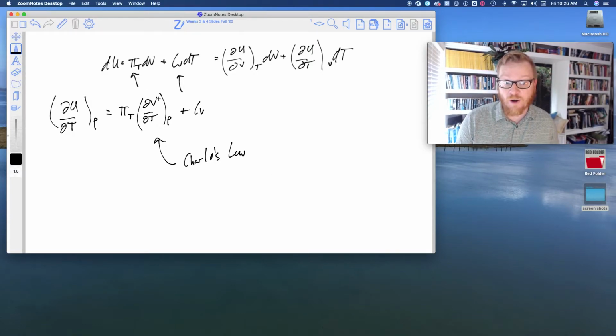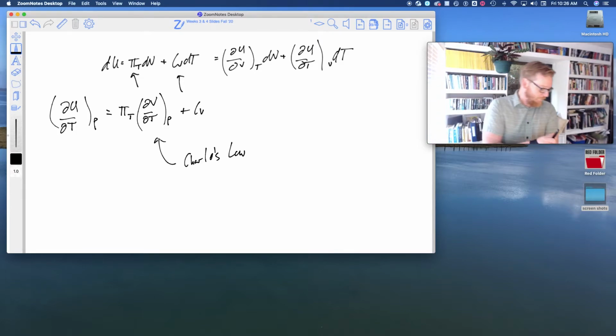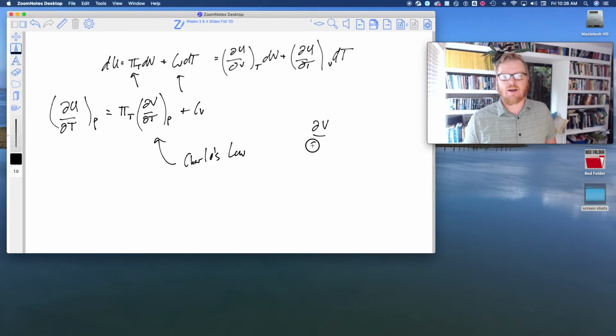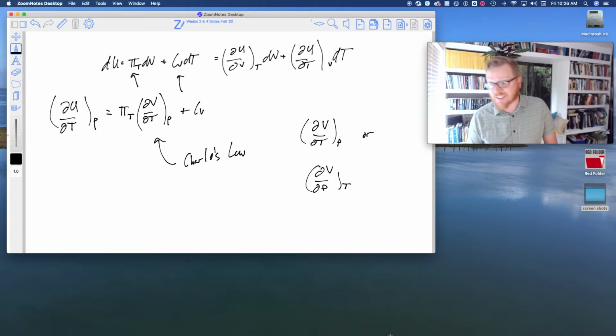But they are a manifestation of thinking about how the volume changes with respect to temperature at constant pressure, or how the volume changes with respect to pressure at constant temperature, right?